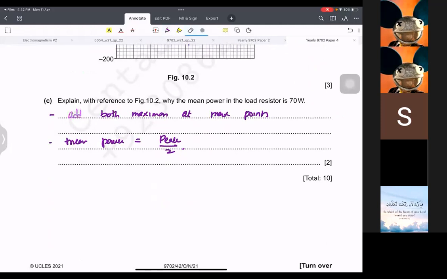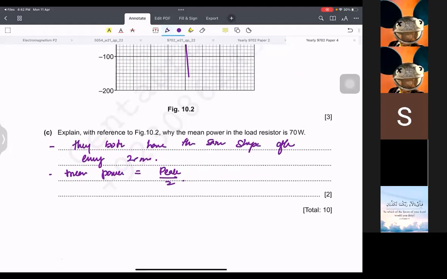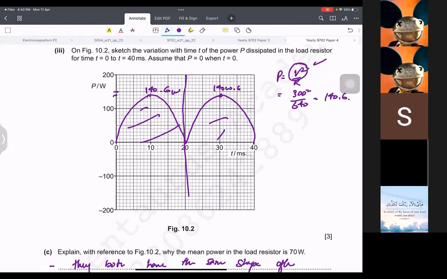Max point, rather we don't write this, we write that they both have the same shape after every 20 milliseconds, like this. So that could be better. So what are you telling by writing this point? We are telling that these are symmetrical, both have the same shape here. So if you add this and add this, total divide by 2, you will get 70.